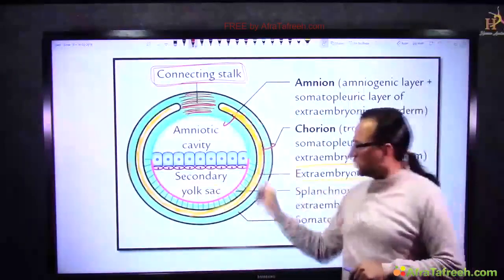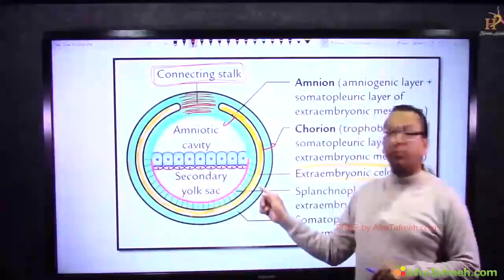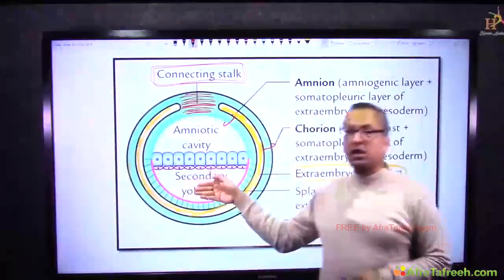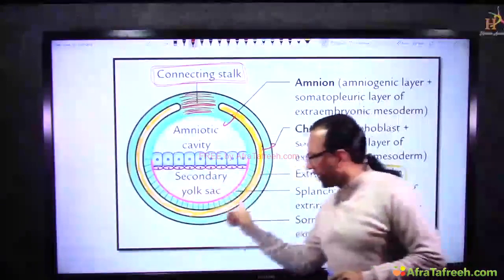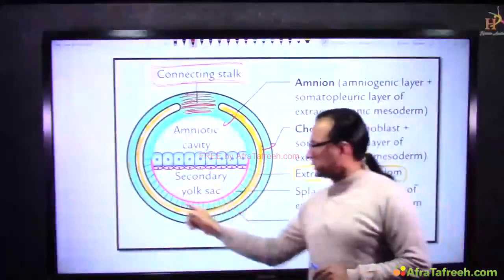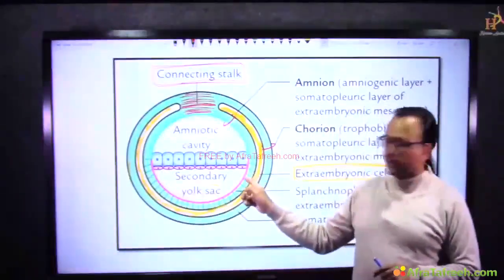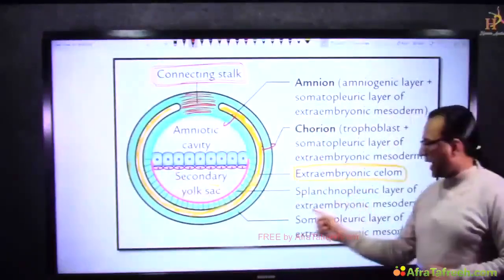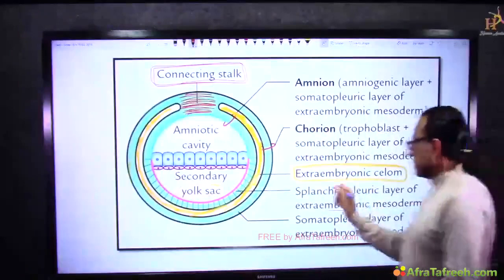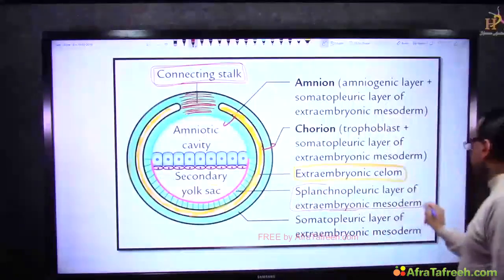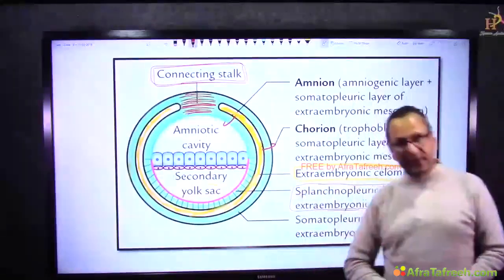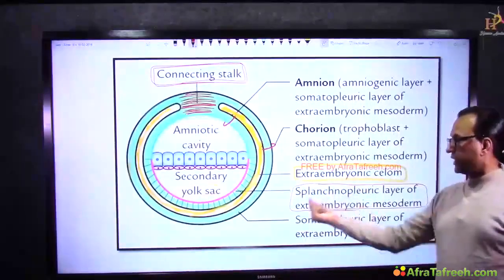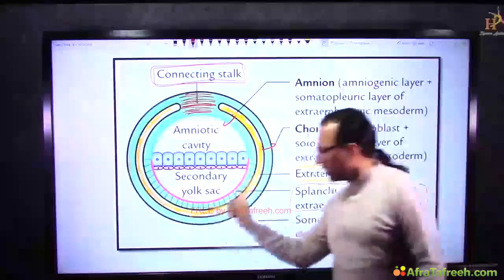Understand, when the coelomic cavity has come, the primary yolk sac would have become the secondary yolk sac, and the extra embryonic mesoderm which is along with the yolk sac is called the splanchnic extra embryonic mesoderm. What is splanchnic? Splanchnic means visceral, the one which is in communication with the yolk sac.